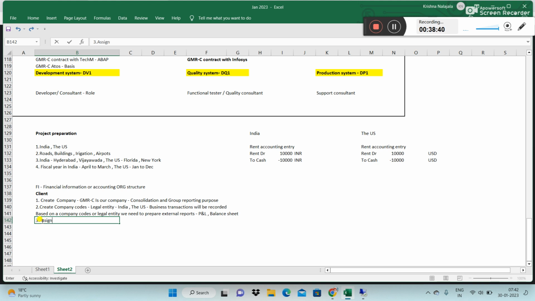Assign company codes to company. We have to give a link, right? Only these company codes will be under this company. Otherwise, the system doesn't know.